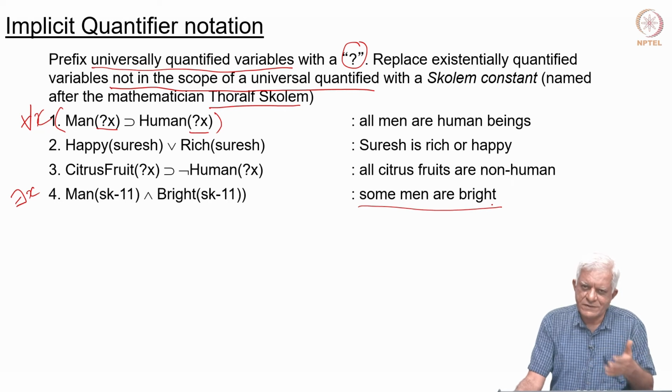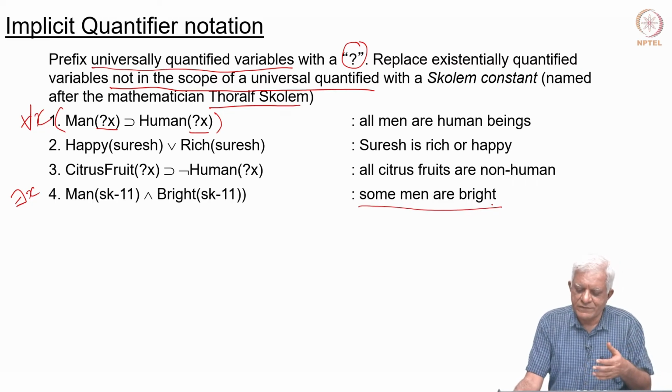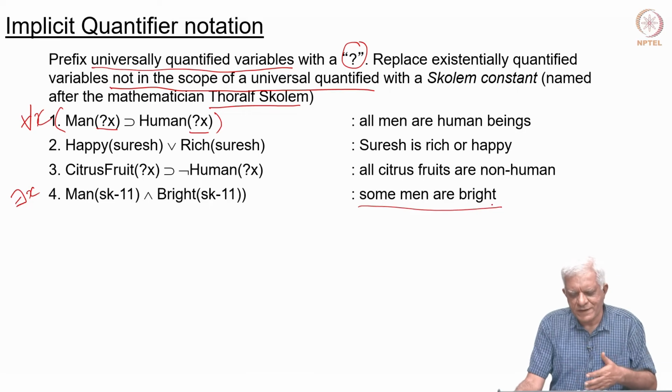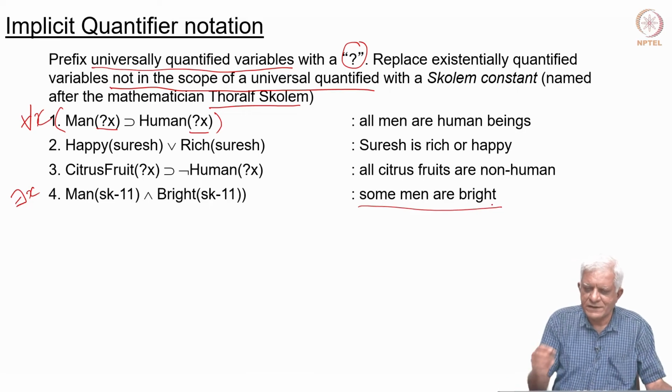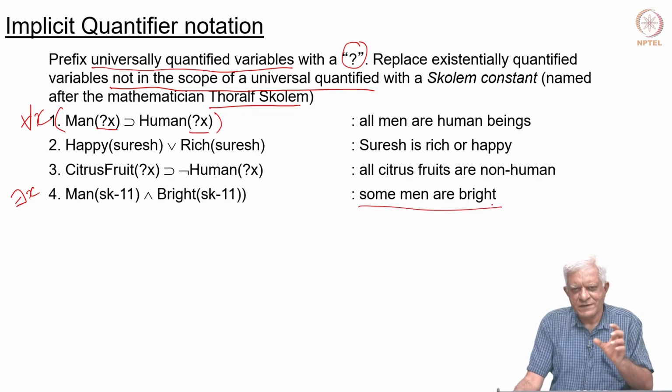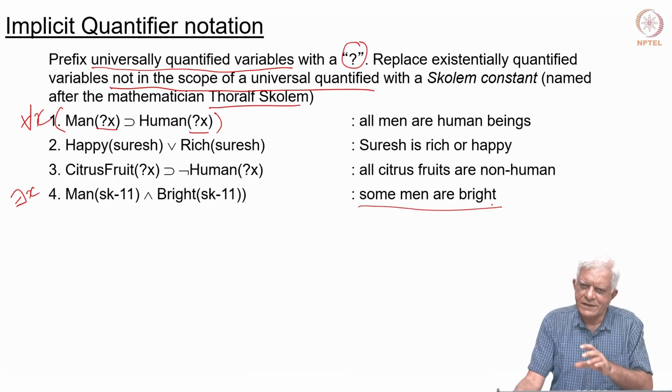The negation is that there is no one who is bright, which you can say as everyone is not bright, and that would be for all x, man x implies not bright x. That would be correct.